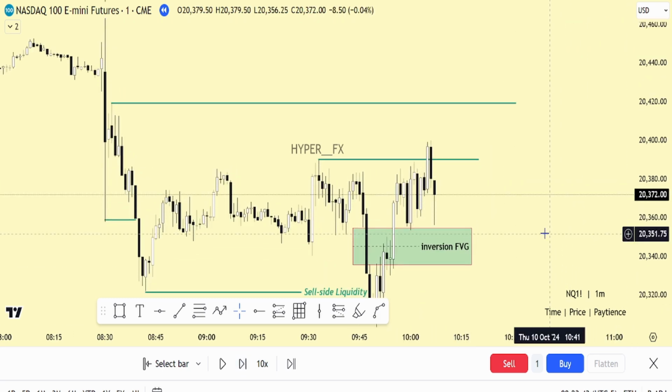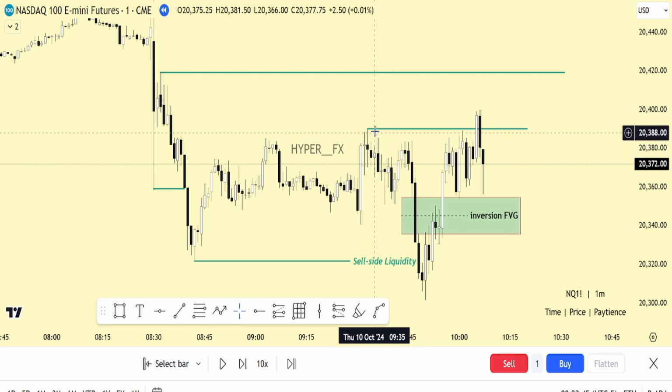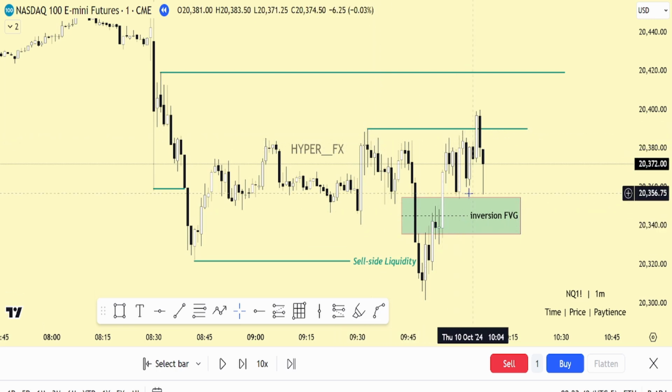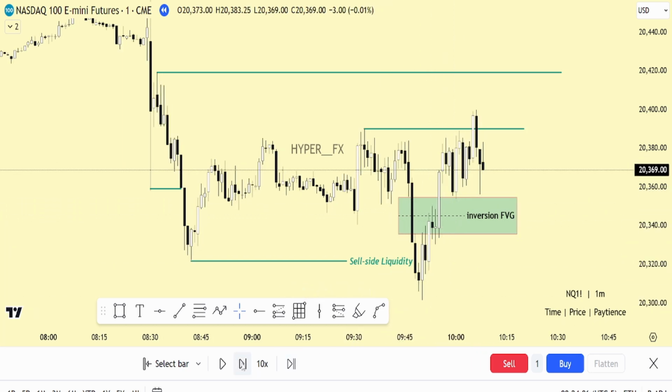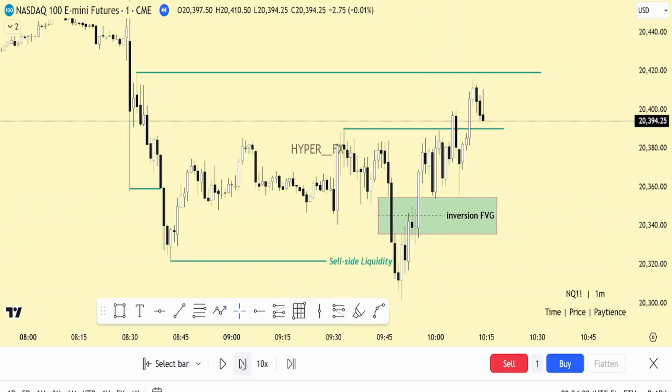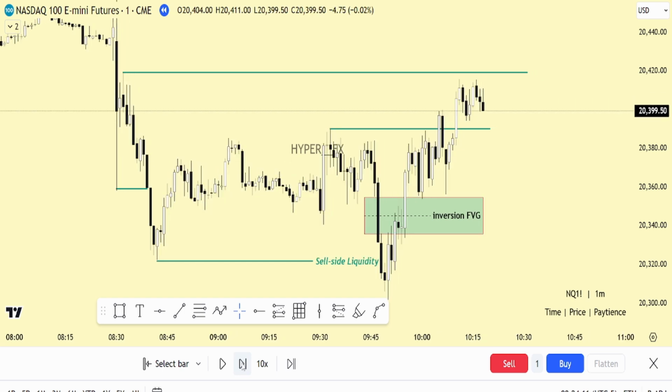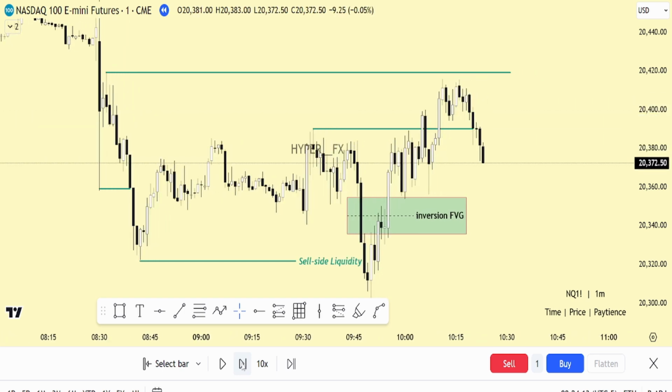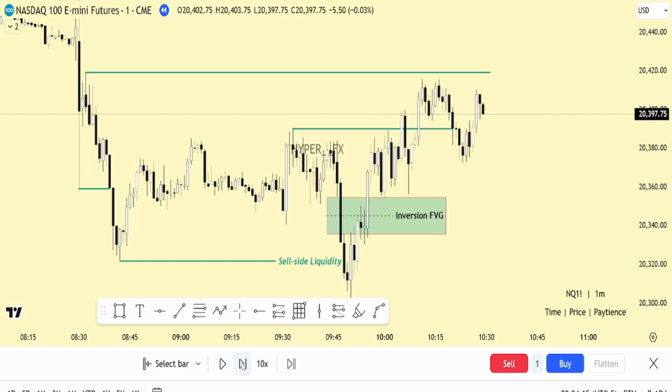Okay, now price has engaged this high right here, and you can see before it went to engage this price, it came back to tell you that this inversion fair value gap has been confirmed when price came down here. So once price has engaged with that high, what remains for price to do is to seek the liquidity that rests on the opposite side of the market.